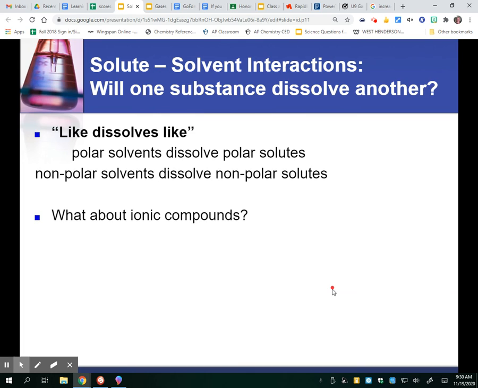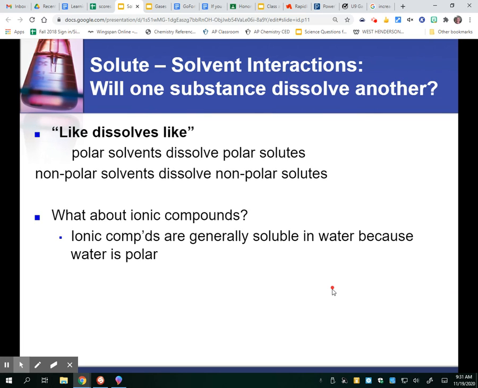Water has charged ends, and it's attracted to those charged ions and forms those hydration shells. Not all ionic compounds are soluble in water, and we'll look in a later lesson at how we know which ones are, but a lot of them really are soluble in water because water's polar.